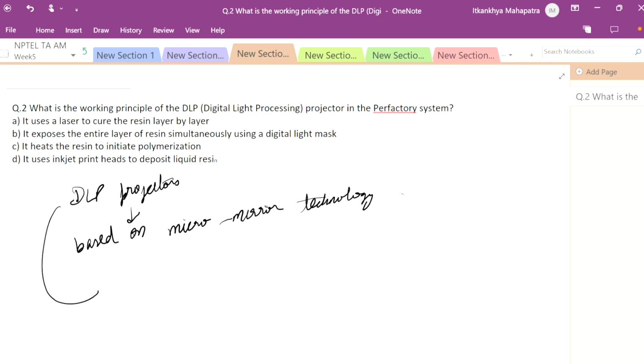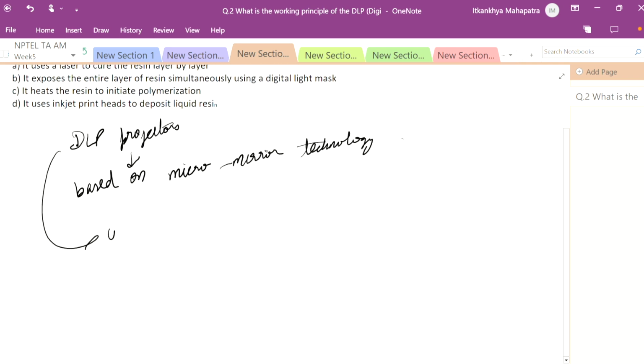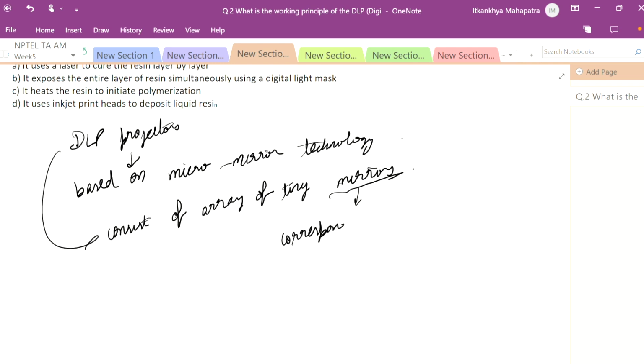These projectors consist of an array of tiny mirrors. Each of these mirrors corresponds to a pixel on the projected image.